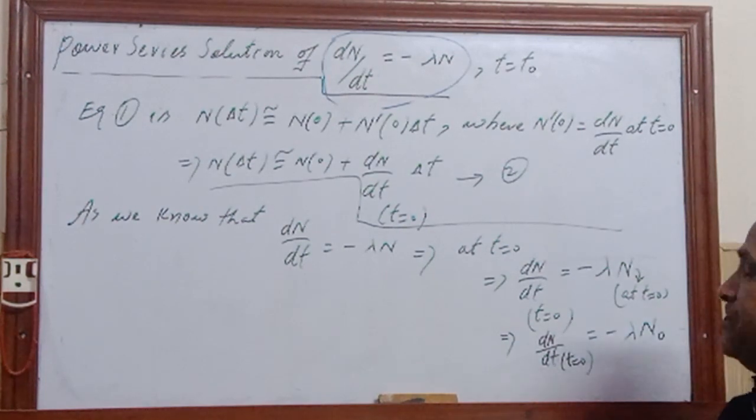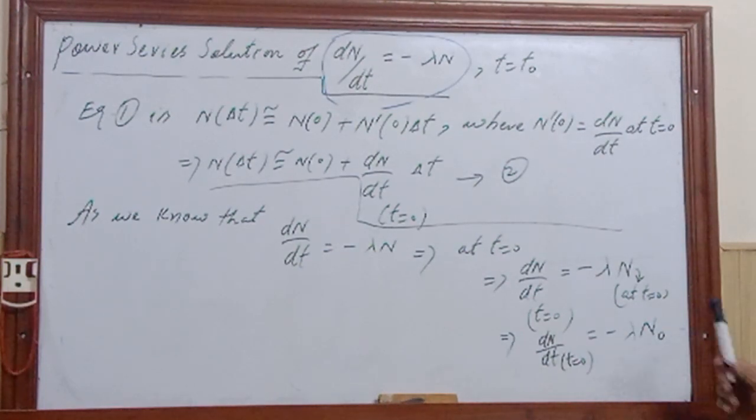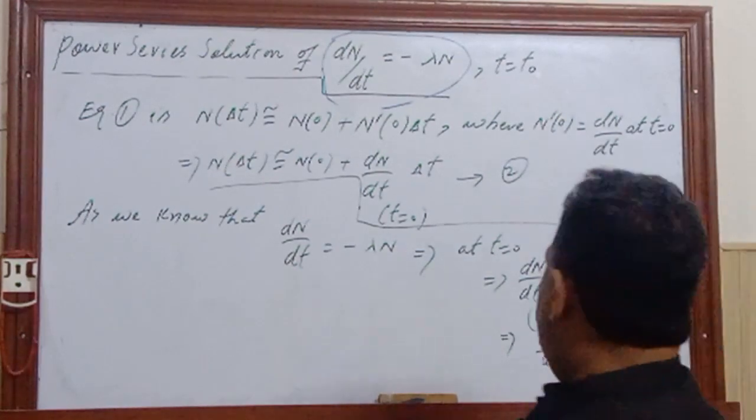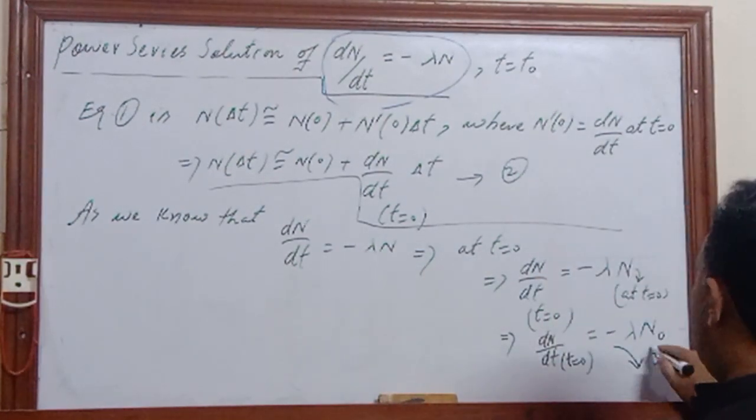We know that at t is equal to 0, the value of capital N is called n naught, if we take it to be n naught. In that case, in place of capital N, we can use n naught. So we can put this value in equation 2. Let's say this is equation 3.